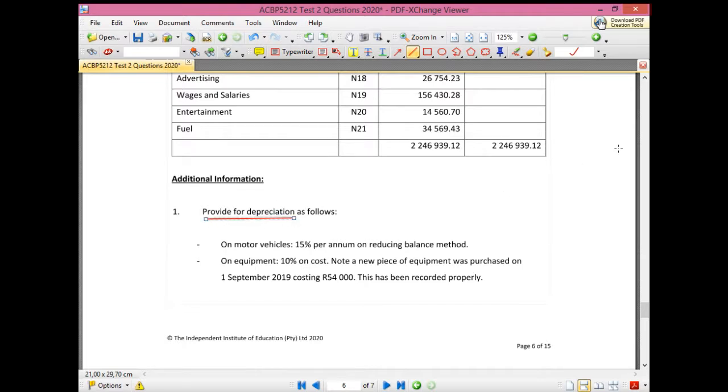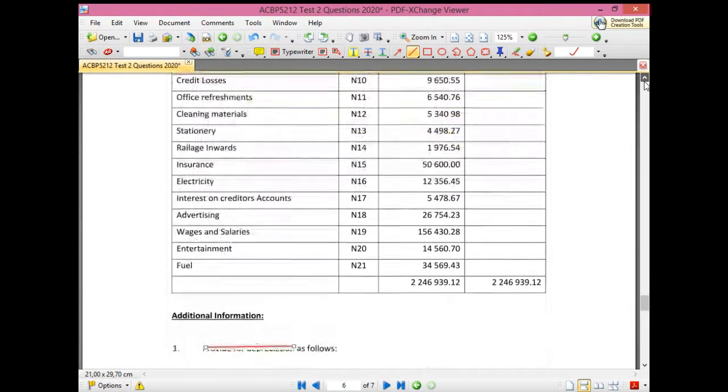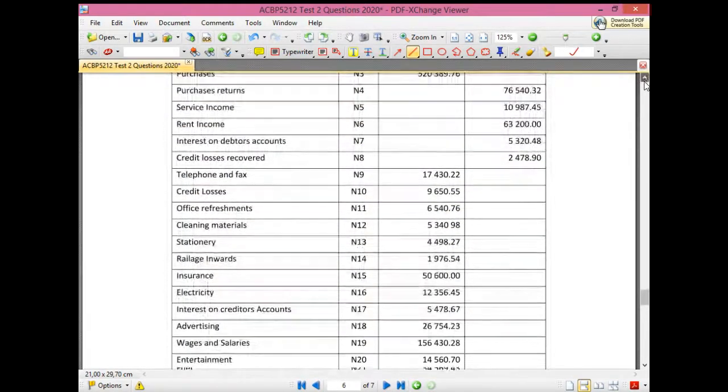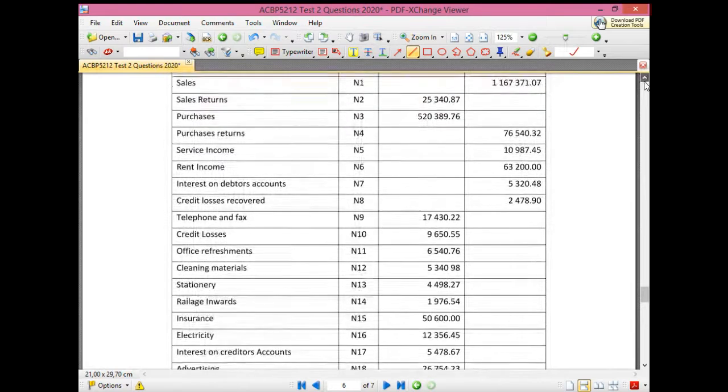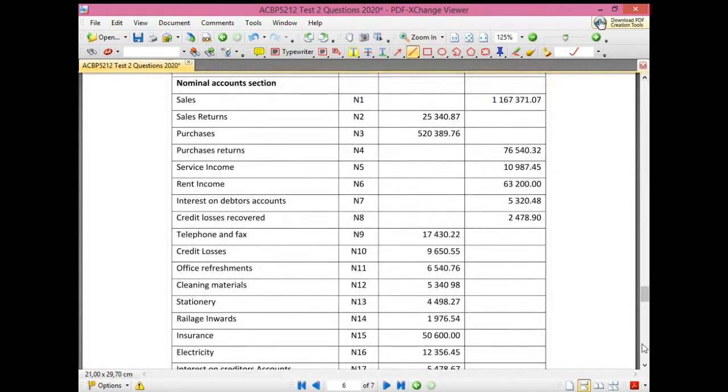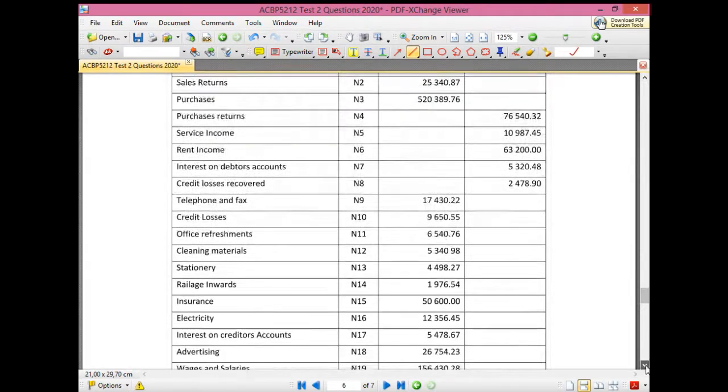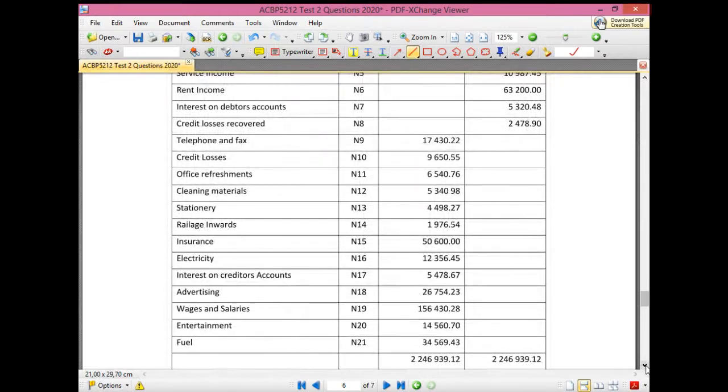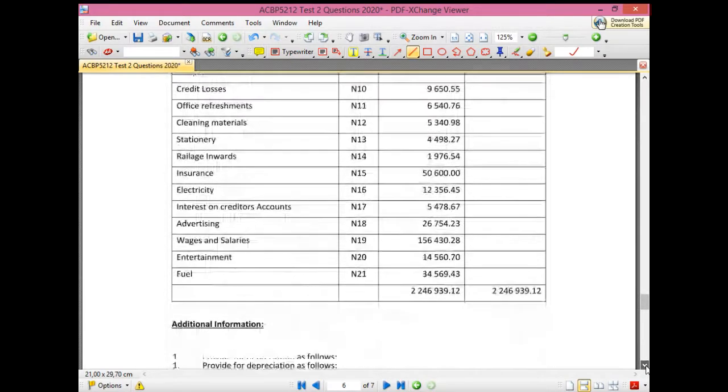Now, what I've said is if you're not sure if depreciation has already been recorded, you normally just scroll up to your trial balance and you go look at your nominal accounts, which starts there, and you have a look whether any depreciation charge is shown there. Now, you will see there's no depreciation charge, so that means I still need to account for it.